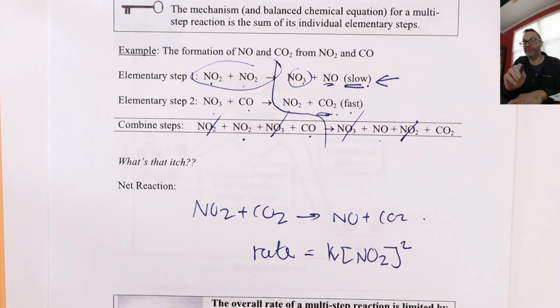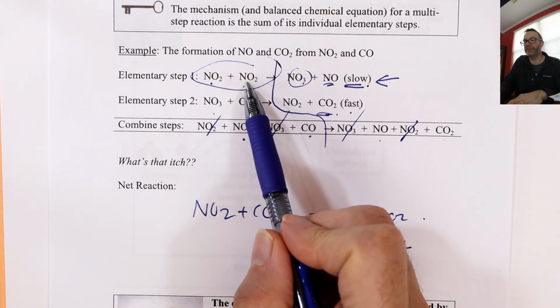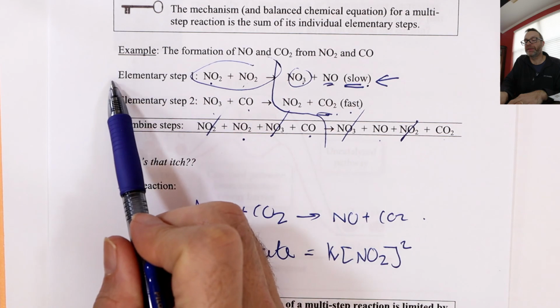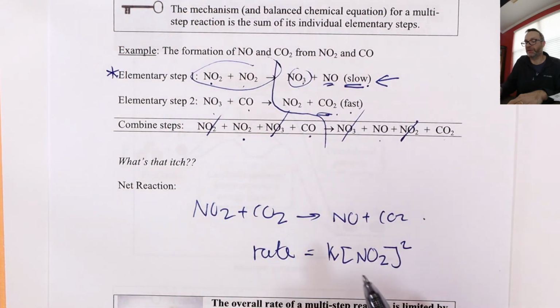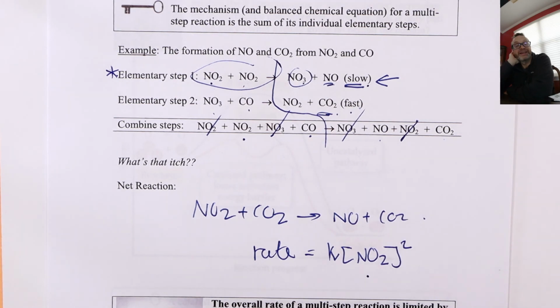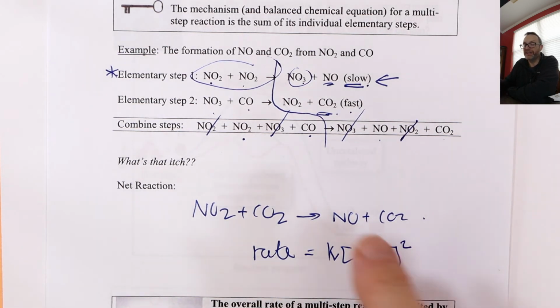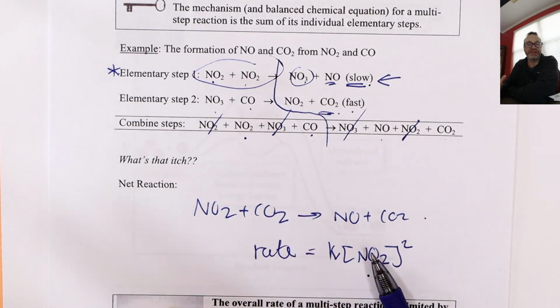That's the rate determining step. There's two NO2s bumping into each other, bimolecular. This is the elementary step that's important because it's slow. That's probably going to be the rate expression or the rate equation. That makes sense, yeah? So when we actually do the initial rates, we can almost work backwards and say, well, that must have been the slowest step. And if we do this math up here, we can see why.